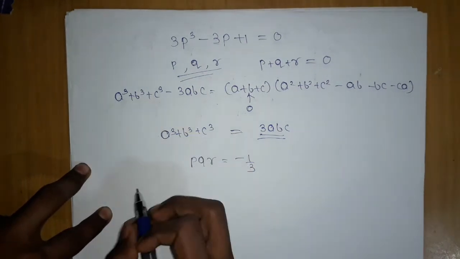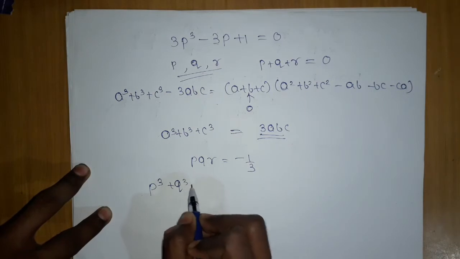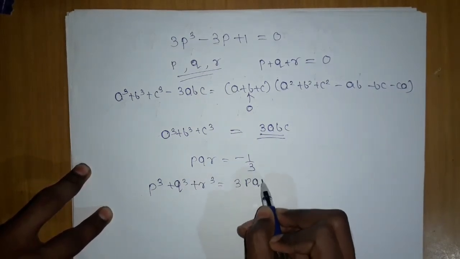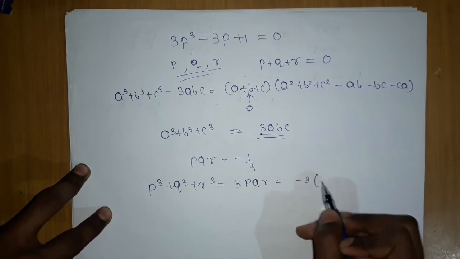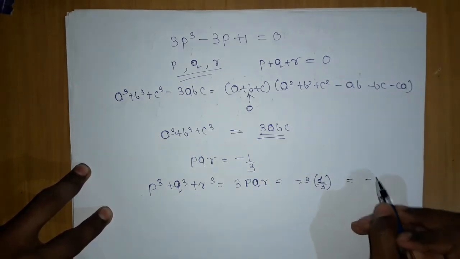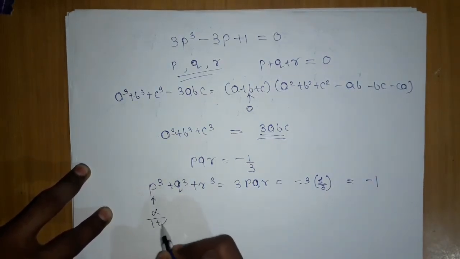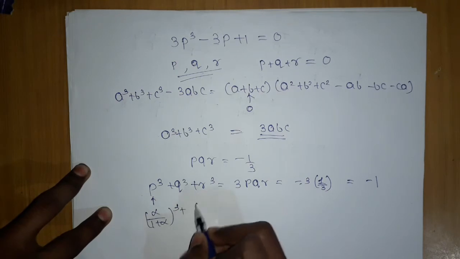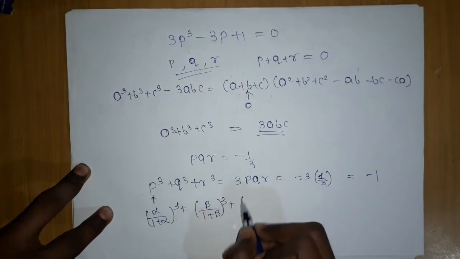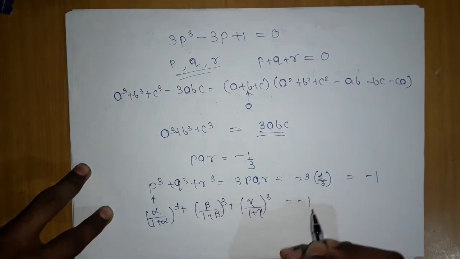If I apply this here, p cube plus q cube plus r cube is equal to 3 into pqr, which is 3 into minus 1 by 3, which will give me minus 1. Now if I substitute the p value, alpha upon 1 plus alpha the whole cube plus beta upon 1 plus beta the whole cube plus gamma upon 1 plus gamma the whole cube should be equal to minus 1.